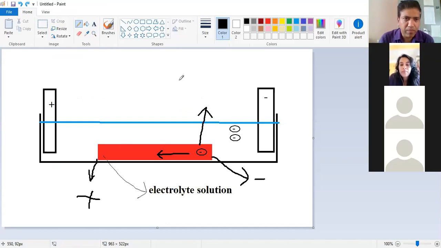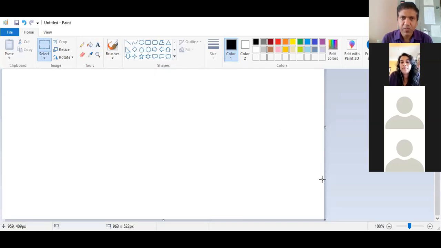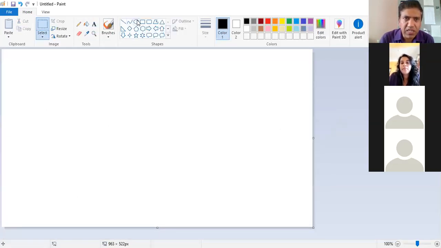Let me show it in a proper way. Normally your gel actually looks like this.